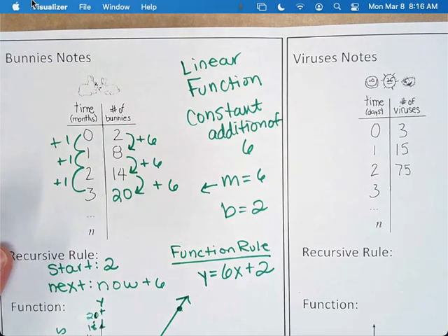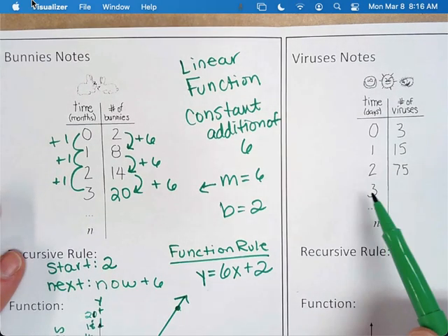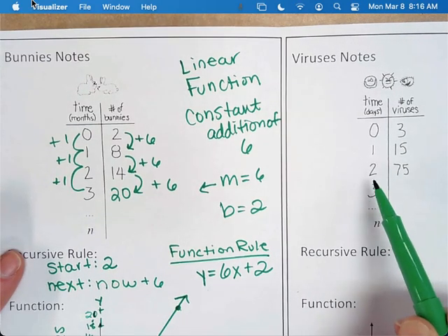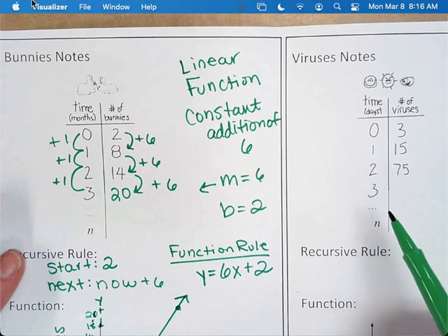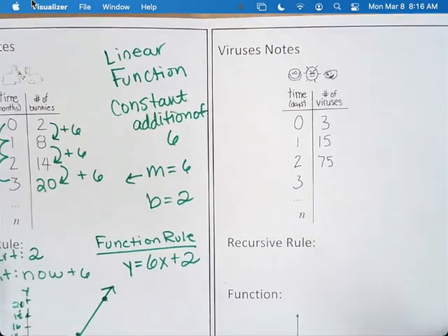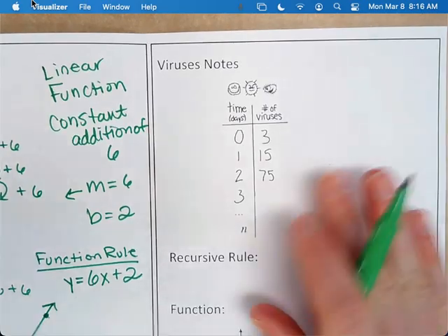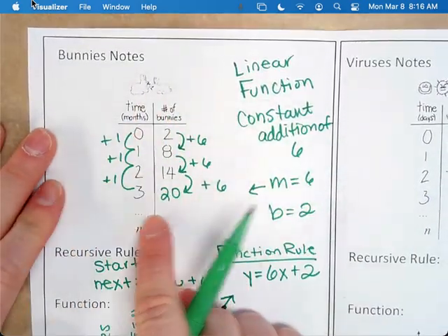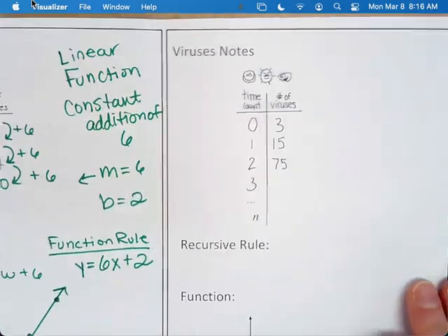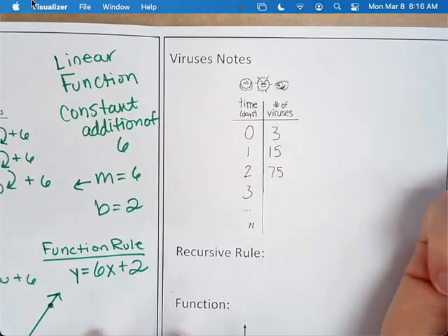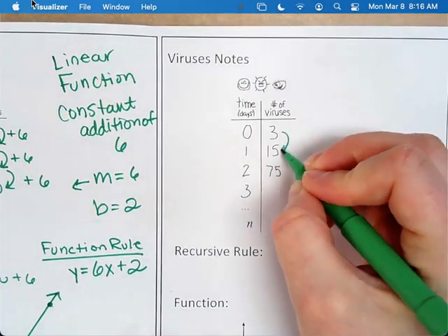So now we need to find out how many viruses we'd have at 3 days. So let's do the same thing. Let's find out what our pattern is. So what is the pattern for viruses? Times 5 this time.